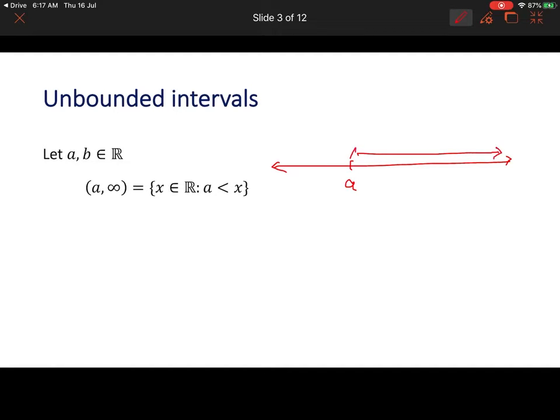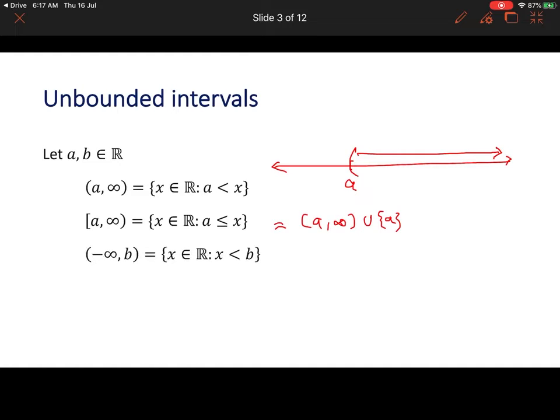Open interval (a, infinity) means the set of all x greater than a. Here a is not included. Then closed [a, infinity). So we are adjoining a with open (a, infinity). So this is open (a, infinity) union the singleton {a}.